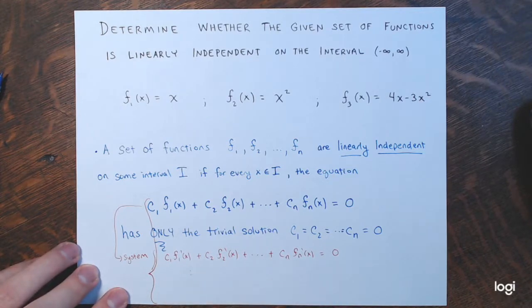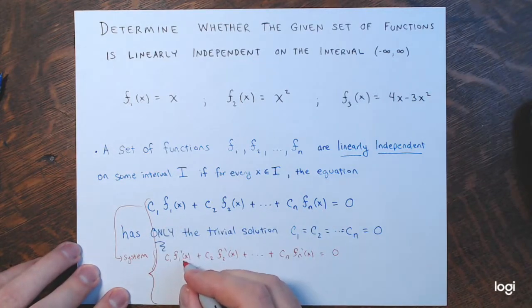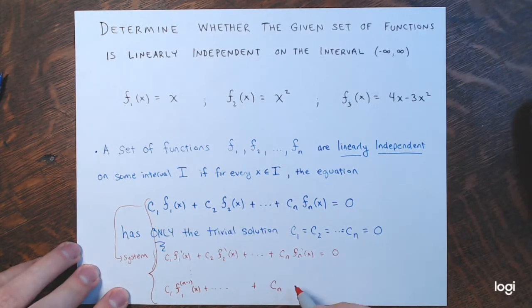And I would do this until we create an n equation, n unknown system, an n by n system. So to create this system, we go all the way down to the n minus first derivative of f1 and f2 and f3 and so on, cn times the n minus first derivative of fn equals 0.